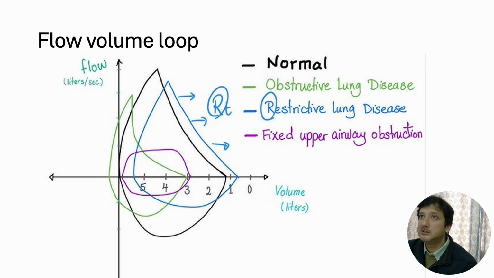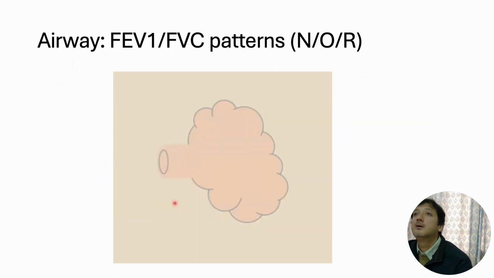Normally, volume is usually reduced in obstructive disease. In restrictive disease, the volume will also be decreased. And there is also fixed upper airway obstruction. We will also see this. So this is a typical presentation.